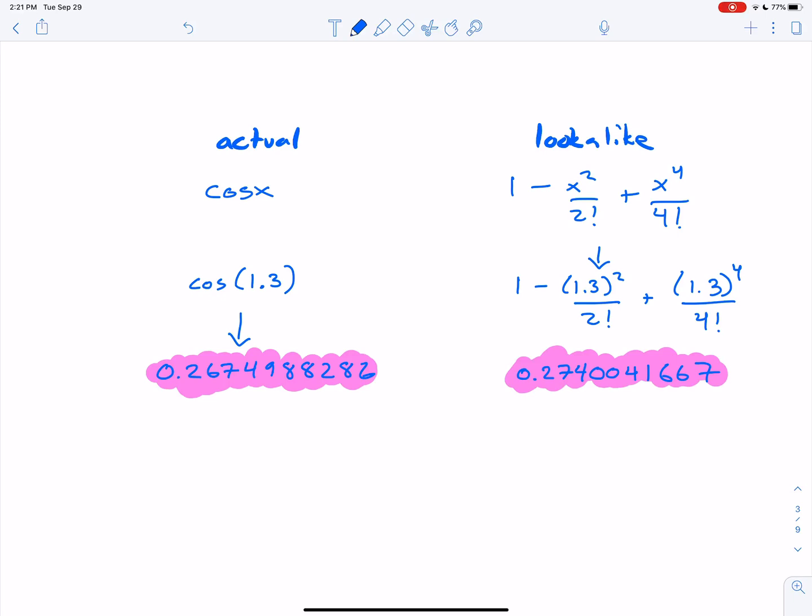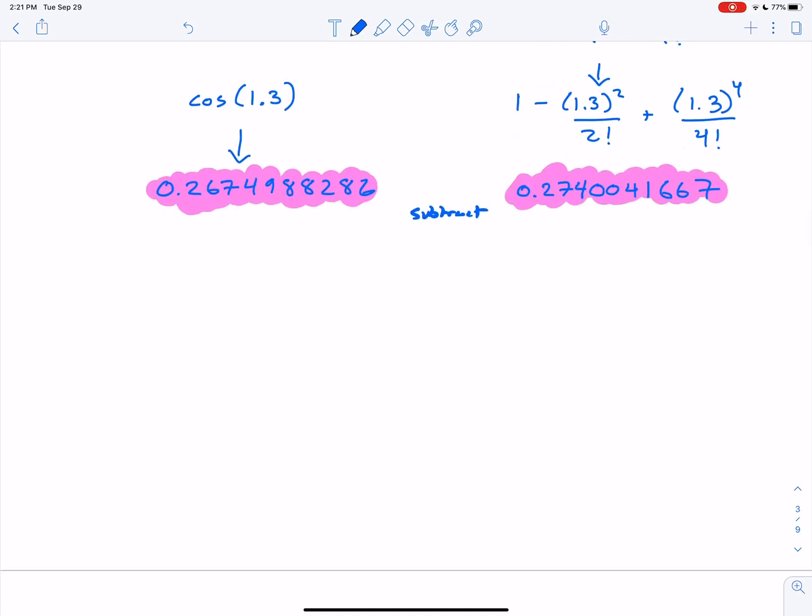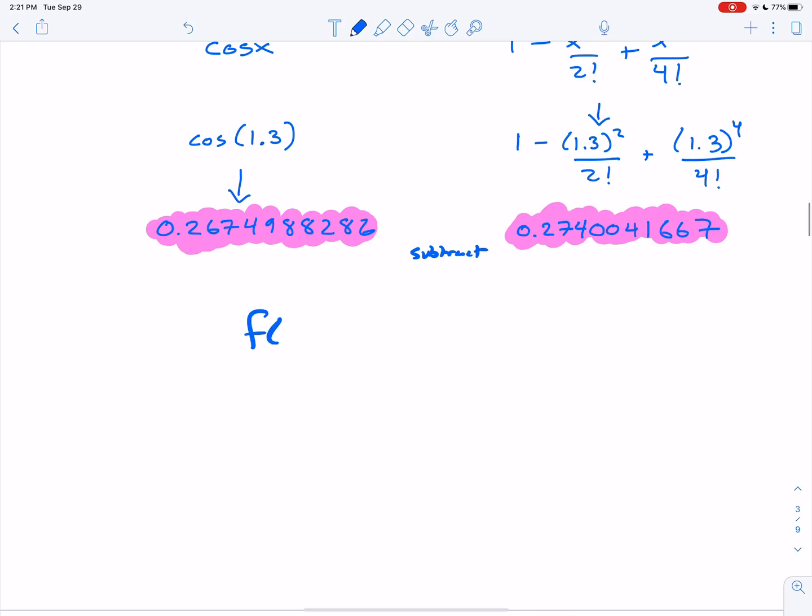If you want to find the error, you would have to subtract one from the other. It doesn't matter which way you subtract it. So what happens is you take your actual, which is your f of x in most cases, and you subtract it from your approximation or lookalike. Since it doesn't matter which way you subtract it, I'm going to put in absolute value bars here because you're really just finding the distance.